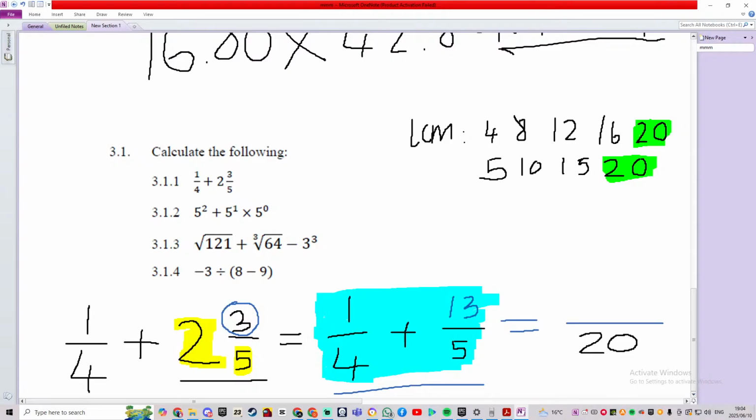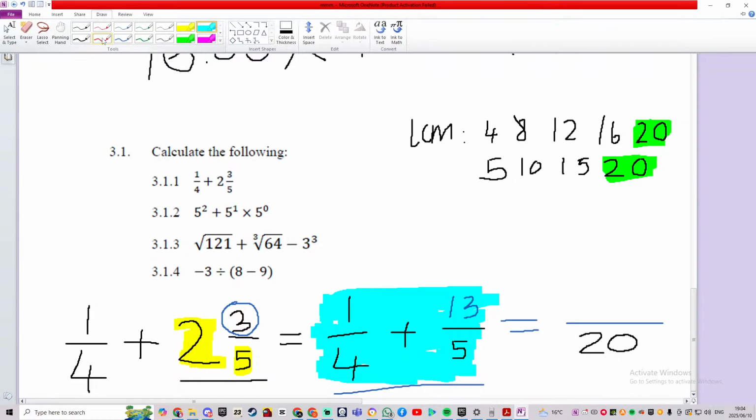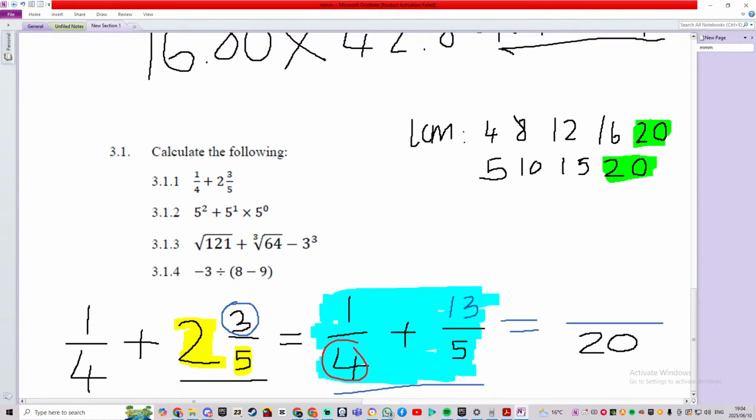Next step, we look at the first fraction, 1 over 4. Now we are going to ask ourselves, how many times does this 4 go into 20? 4, 8, 12, 16, 20.